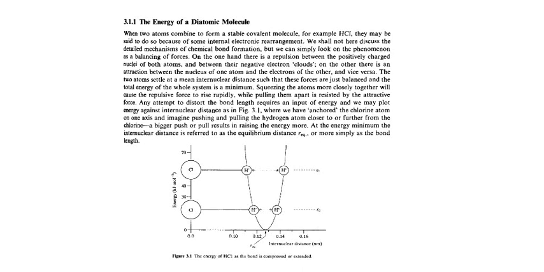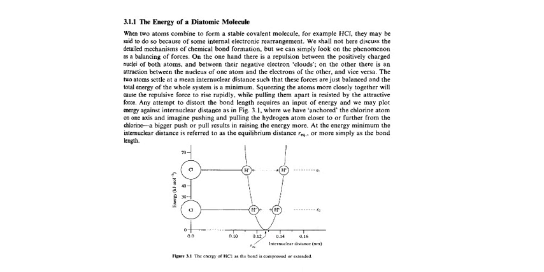The two atoms settle at a mean internuclear distance where all these forces are balanced and the energy of the system is a minimum. Let that distance be given by R equilibrium.